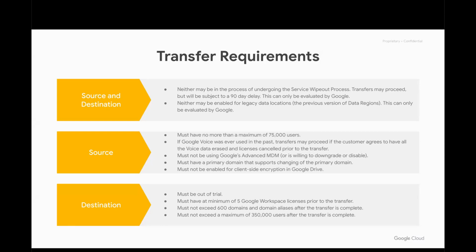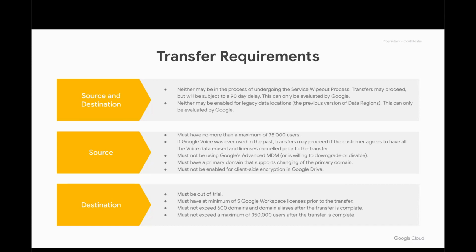It is now not a hard no, but it requires you to, 1, agree to have all of your voice data wiped from your source environment by our engineering teams. And then 2, cancel your licenses in the source environment. So it is now unblocked, but that's the requirement that we have in order to get it done.